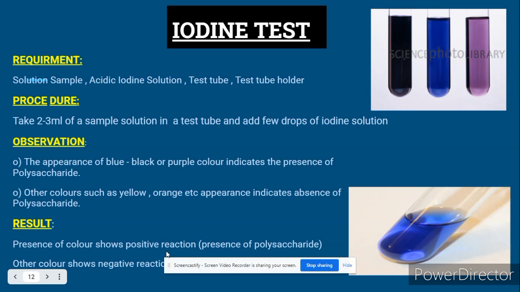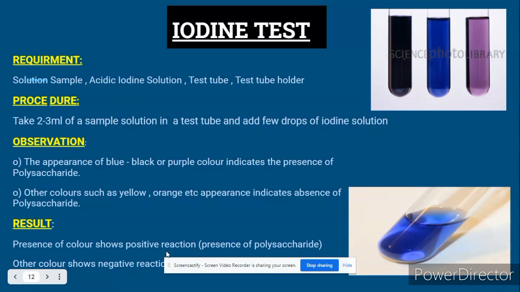When the Molisch test is positive, then another test which will be performed is the iodine test, which is for the detection of the polysaccharide. The instruments and the reagents required for the iodine test include sample solution, acidic iodine solution, which is basically potassium iodide solution, a test tube, and a test tube holder.